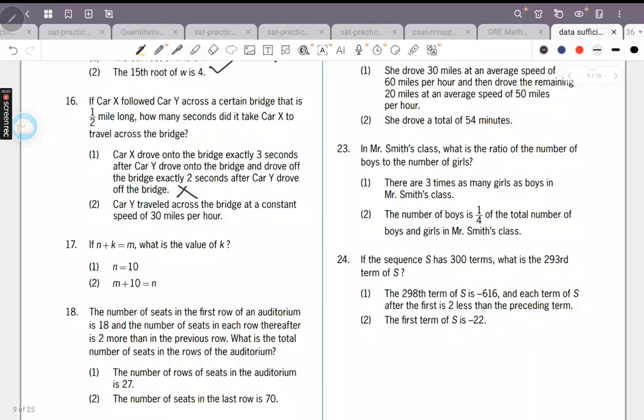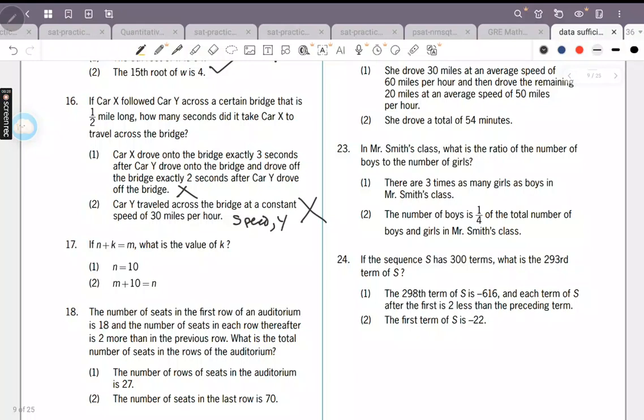Can Y travel across the bridge at a constant speed of 30 miles per hour? In that case, we know the speed of Y. But it's not sufficient because we are looking for S. Now that statement 1 and statement 2 are not sufficient, we can combine the two statements together.